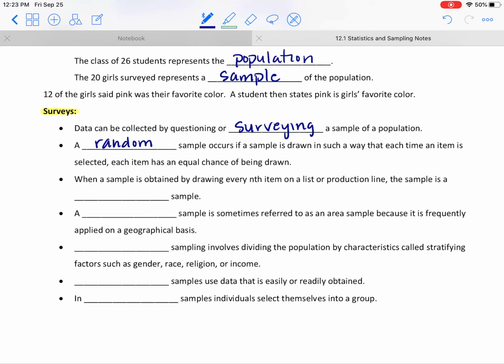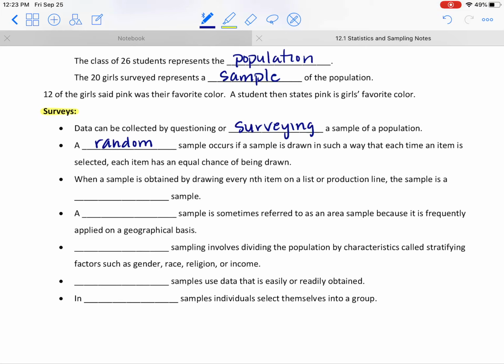Now, if we have a sample that's obtained by drawing every nth item on a list, like standing in front of the mall and surveying every fifth person that walks through the doors, or I want a sample of people in my class, and so I sample the first student sitting in each row, or something like that. So it's every second, or every third, or every fifth.